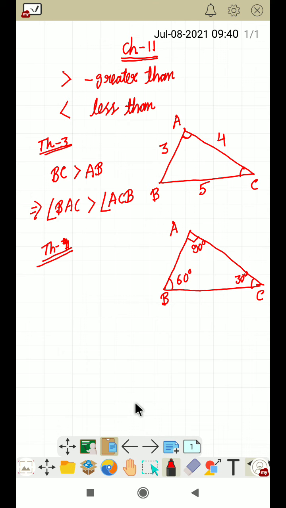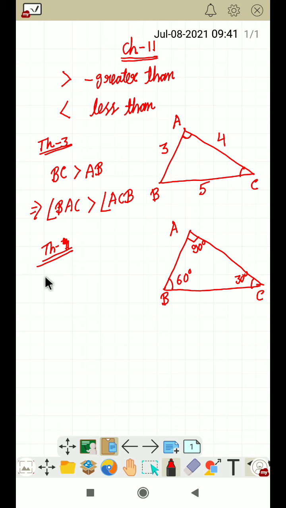This theorem tells us that if two angles of a triangle are unequal, suppose if you consider this A angle and this B angle, these two angles are unequal. This implies that the opposite side of this angle, that is BC, is greater than the opposite side of this angle, that is AC.